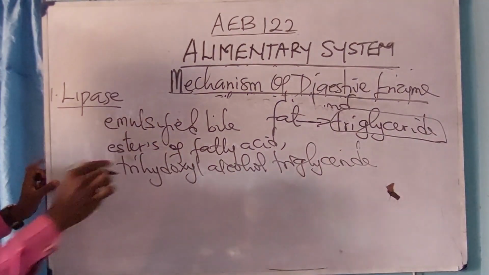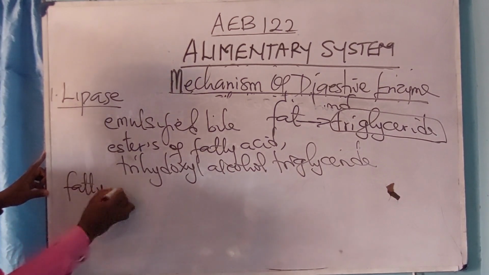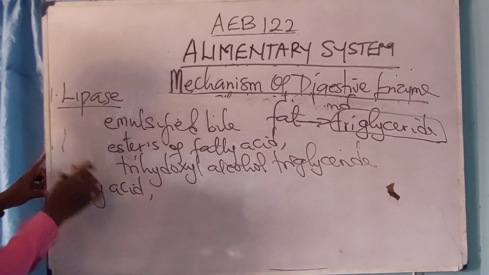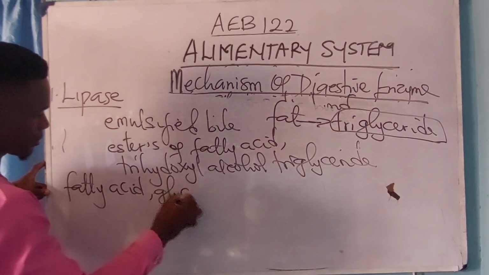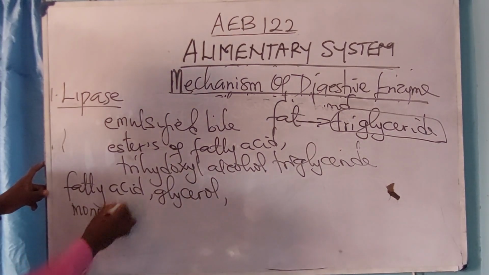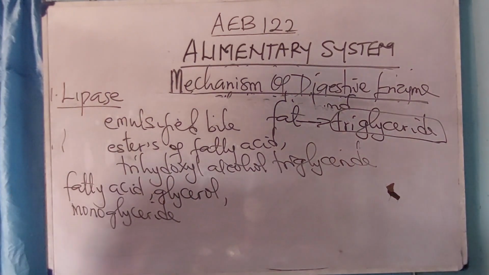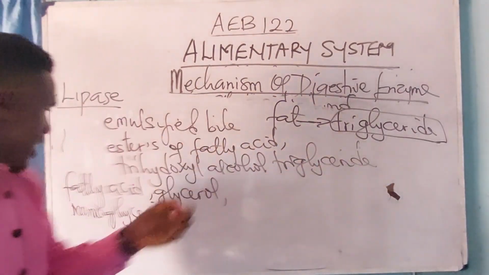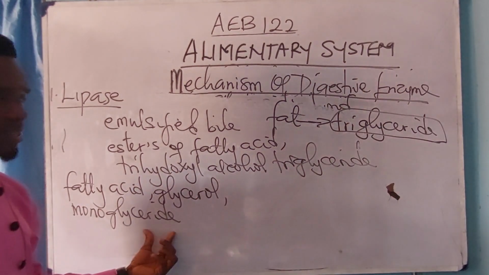Now, the end products of triglyceride are fatty acid, glycerol, and monoglyceride.